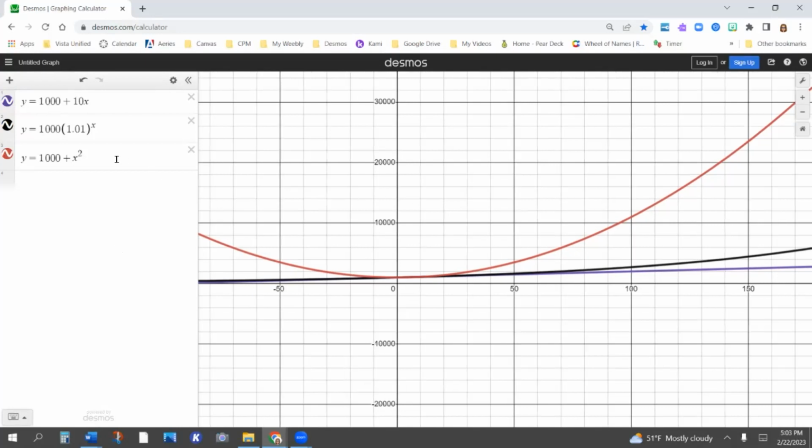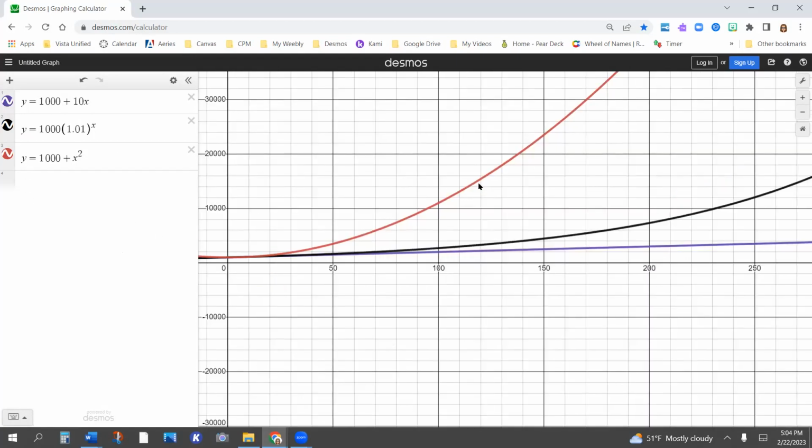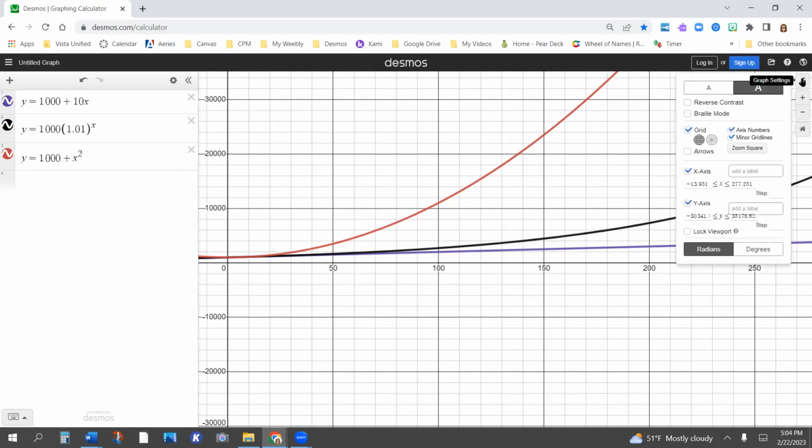So this purple one is my linear one. This red one is my quadratic one. And this black one is my exponential. Looking at it, let me change the scale here.